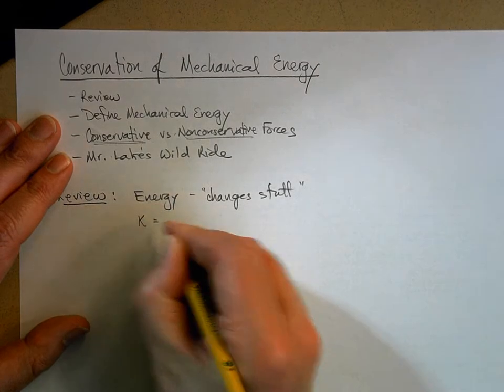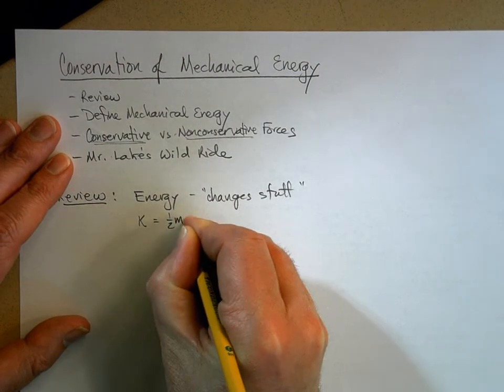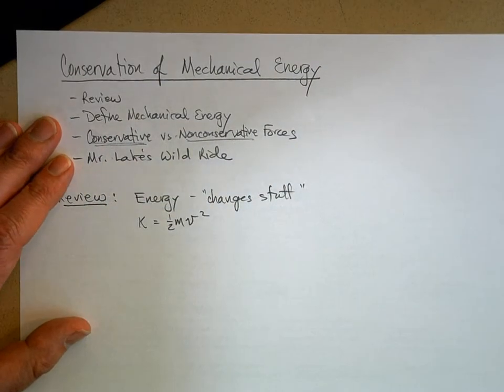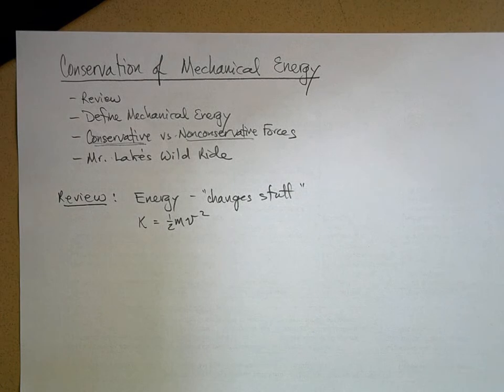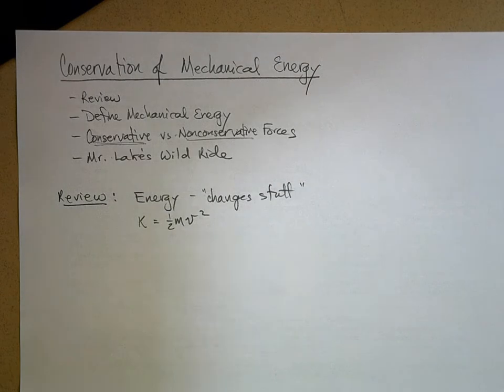We have kinetic energy. We have an expression for it: 1/2 the mass times the velocity squared. If I have a net force and I do work on an object, I will change the kinetic energy of that object. Let's say an object was at rest, but I applied a net force to it and pushed on it through a distance.